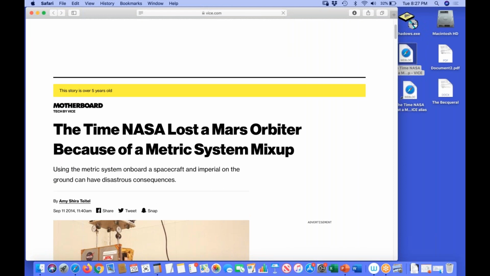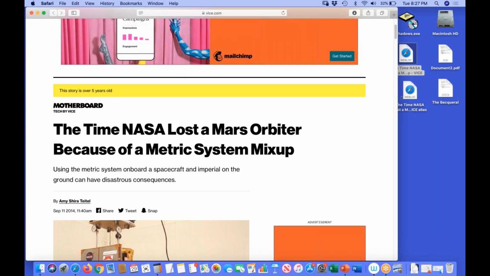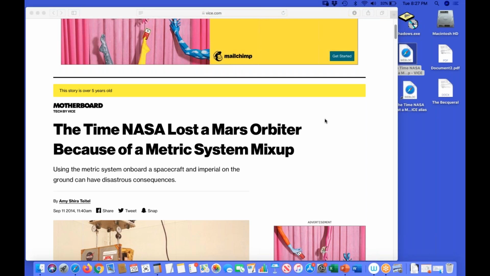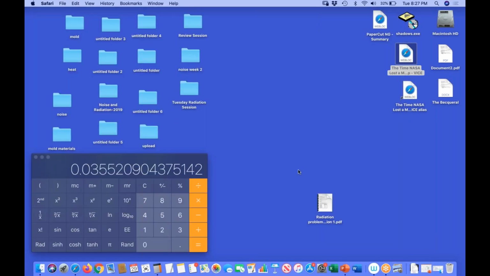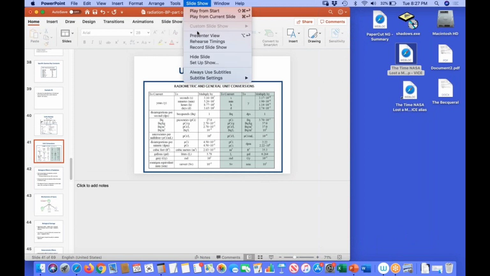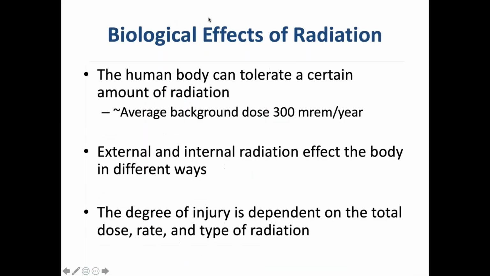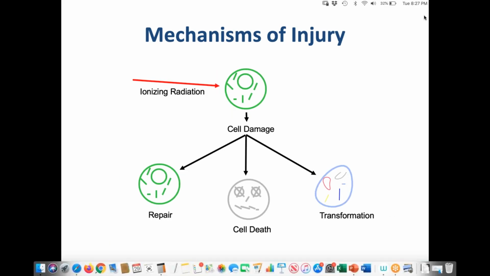For instance, that conversion from rem to millisieverts was an order of 100, right? So converting properly between these things actually is something that we really have to pay attention to. Yeah, that was an expensive mistake.